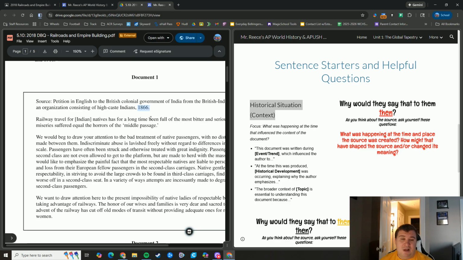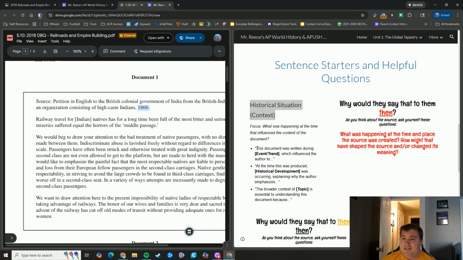Yes, it was a failure of a revolt. But 9 years later, they're trying a different way for something that's pretty similar to being culturally insensitive, which is their caste system. So if I were to use this, I would say historical situation is a good part to start off with.